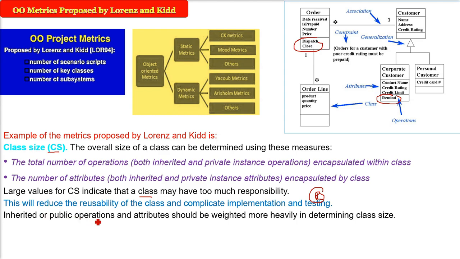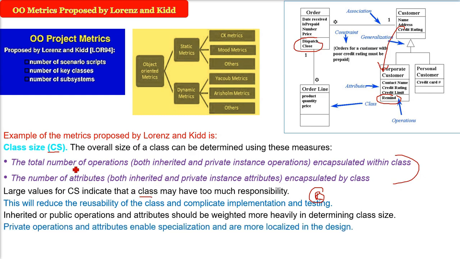Inherited or public operations and attributes should be weighted more heavily in determining the class size, because mostly the functions or attributes which are inherited in the different base classes have to be weighted more. The private operations and attributes will enable specialization. Why? Because it is more specialized. It will not be inherited, it will not be used anywhere else. So they are more localized in the design.